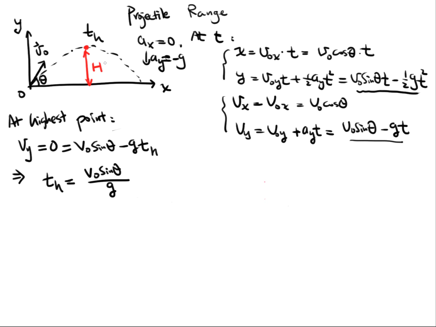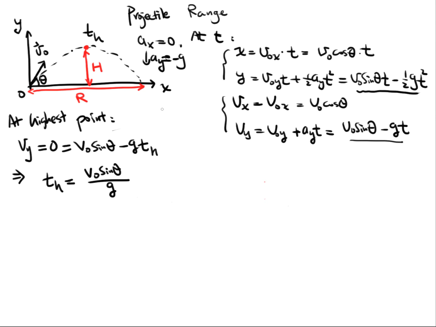And we also calculated the height, capital H here. So now let's calculate the range, capital R, in this projectile motion. So that's the maximum distance in the horizontal direction from the starting position.